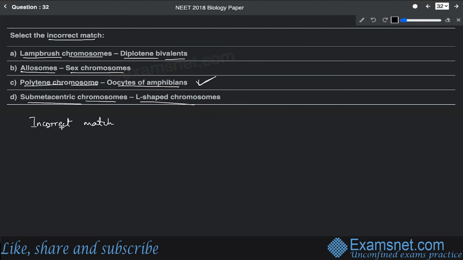The reason for this is because polytene chromosomes are very large chromosomes, and they have many thousands of DNA strands that are usually found in the salivary glands of insects, but not in the oocytes of amphibians.